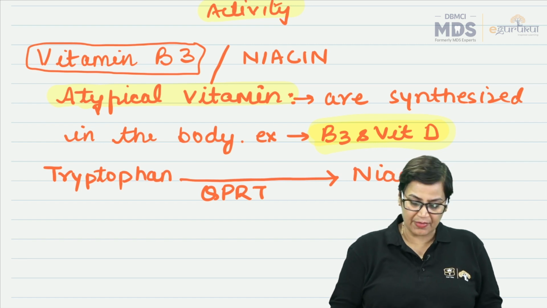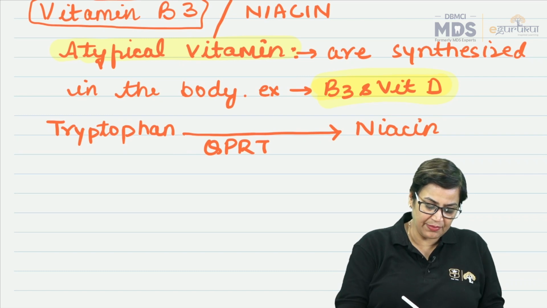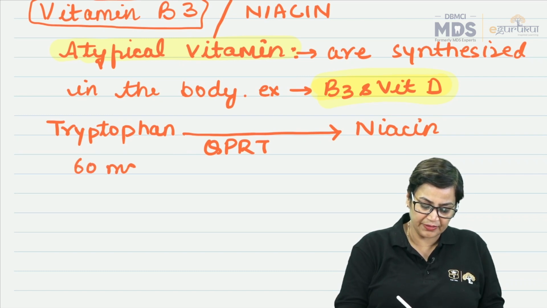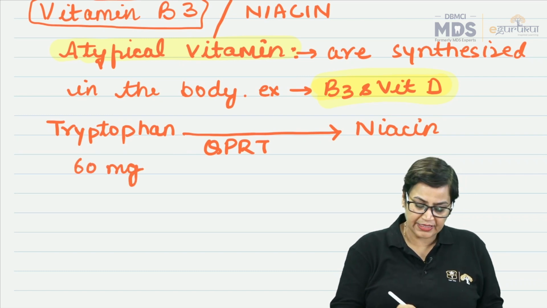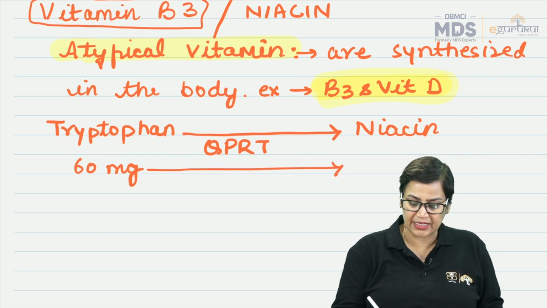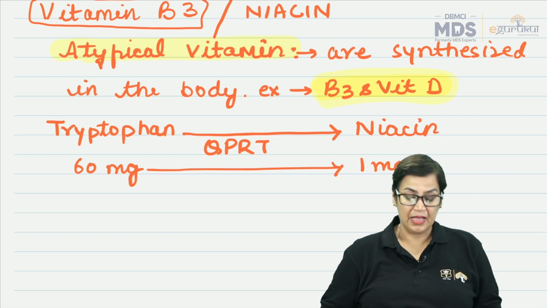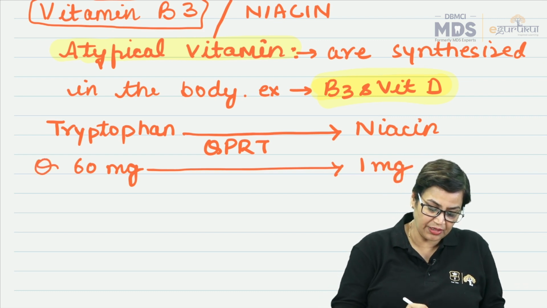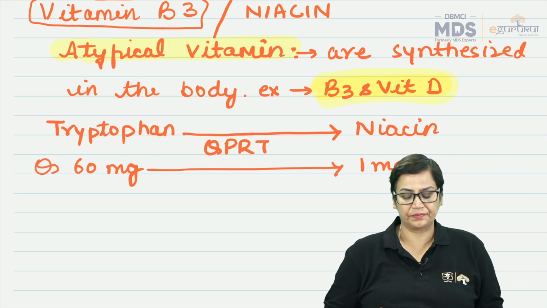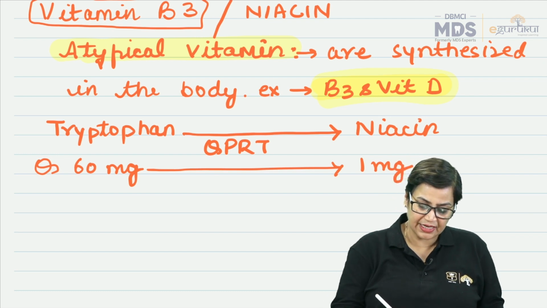And always remember, 60 milligram of tryptophan is required to synthesize 1 milligram of niacin. This is again a very important question. This is the rate limiting enzyme.